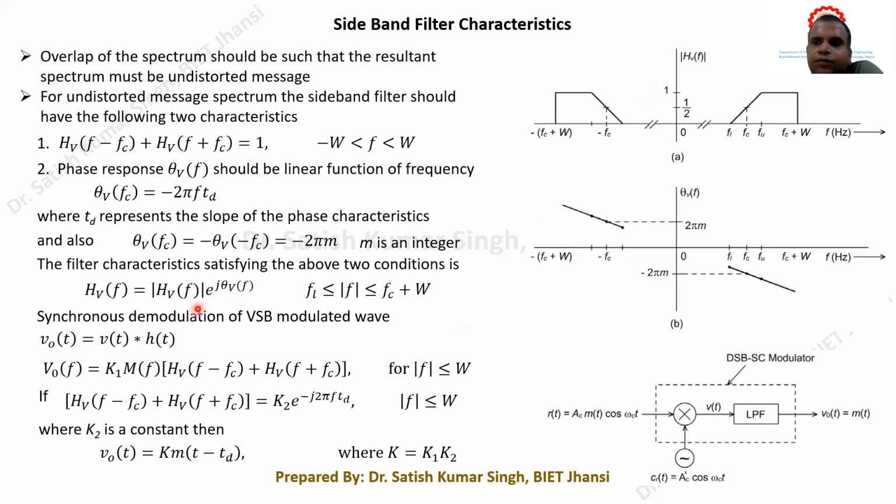This represents the frequency response in the frequency range from fl to fc plus W. Remember that the most important part is only this part, but the other part is not important.